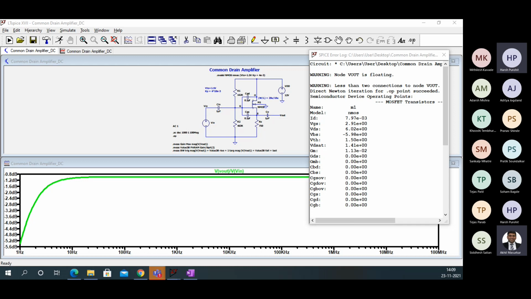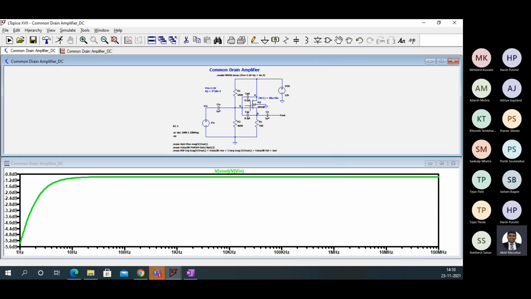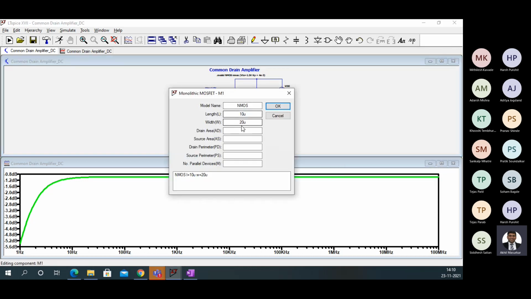Let me check. Harsh, can you right click on this and show me the size of this device? That should be 20 and 10. Have you set that? No, sir, I'll do that. That is why your answer is coming like that.